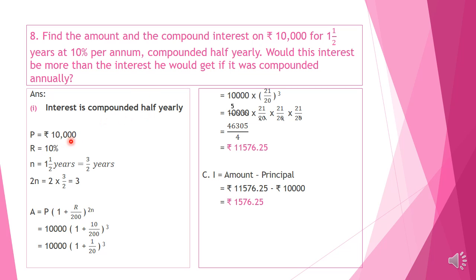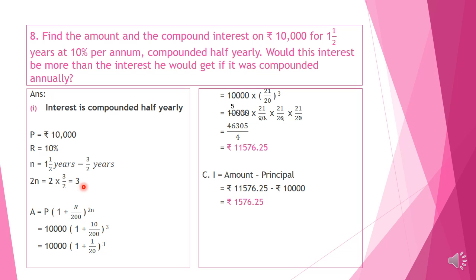Principal 10,000, rate of interest 10%, and number of years 1.5 years, that is 3/2 years, and here 2n is equal to 2 into 3/2. n is 3/2 and 2n means 2 into n. 2 into 3/2, 2 gets cut and we have 3. So 3 half years we have.